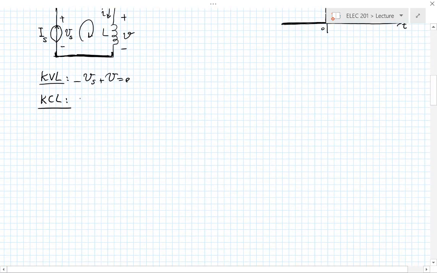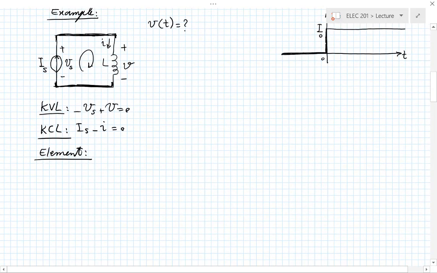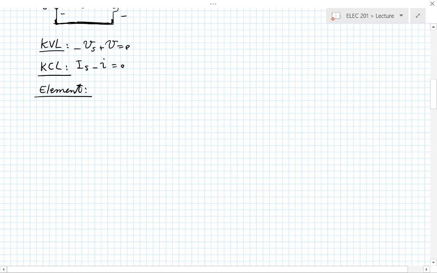So IS minus I equals 0. And then the element relationship, IS we already know, so that's one. We know IS, so that's for the source as a function of time. And then the other one is V equals L dI by dt.